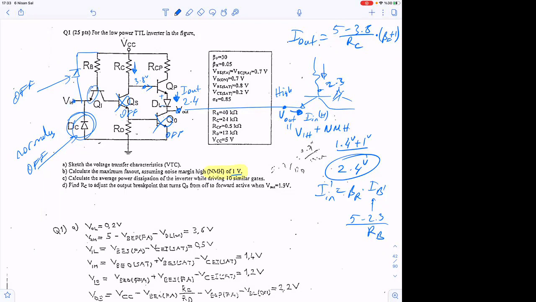And if the input goes beyond 5.7, so Vin remains between 5.7 and minus 0.7 thanks to these diodes, and it creates protection. But it doesn't affect any of our circuit operation. Okay? Is that clear? Okay.